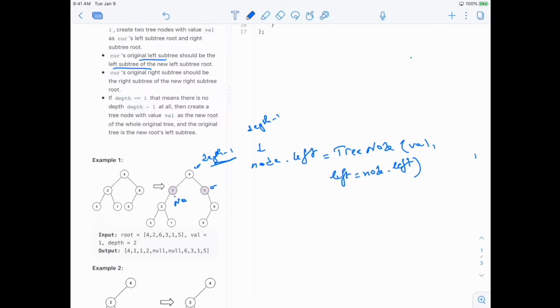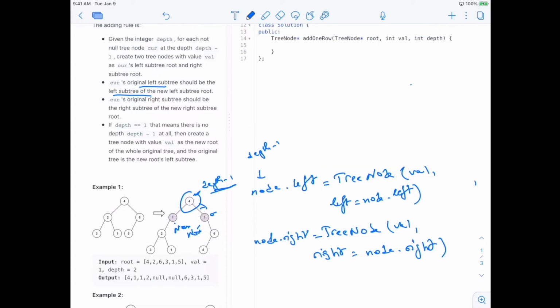So here it's None. And a similar thing for the right, this is again depth minus 1, so we want the right to be a tree node with value val. And we want its right node to be node.right. But we want the left side to stay None. So that's why we don't assign anything here.